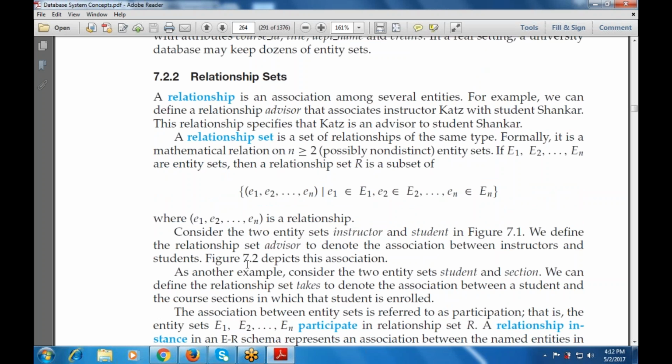So we define a relationship set advisor to denote the association between the instructors and the students. As another example, consider the two entity sets, student and section. So we can define the relationship set takes to denote the association between the student and the section in which the student is enrolled.